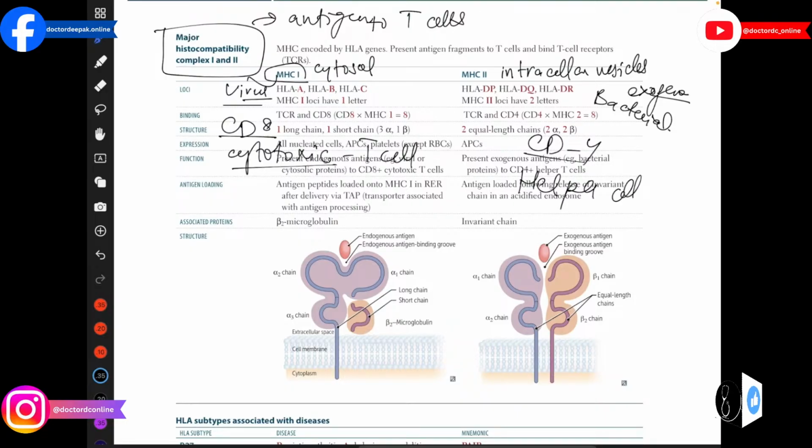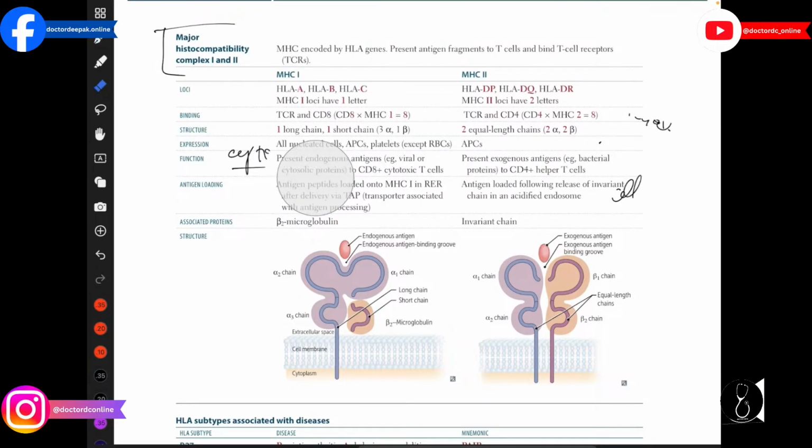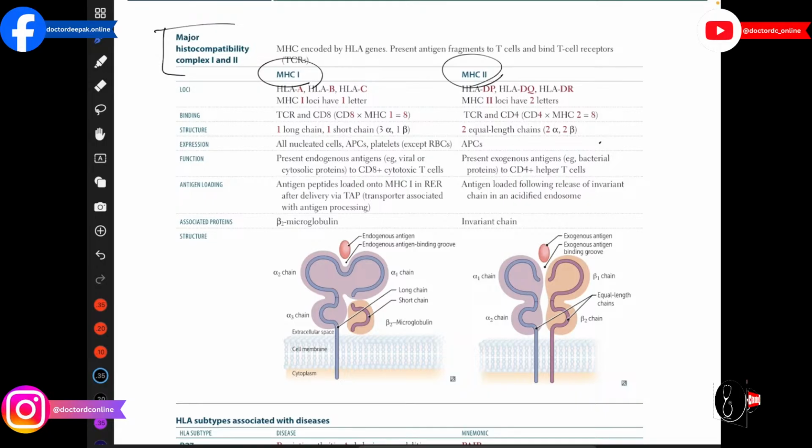By that, you have to remember the rule of 8. The rule of 8 is that you multiply MHC class 1 or 2 with CD4 or CD8, and the answer is equal to 8. If you make the combination of MHC1 and CD8, we multiply both, and the answer is 8: 1 times 8 is 8.